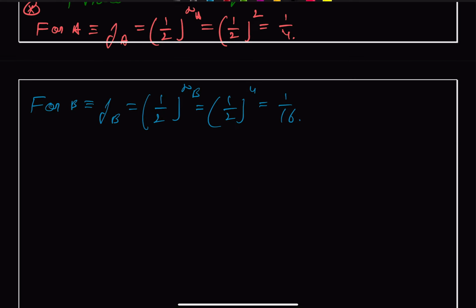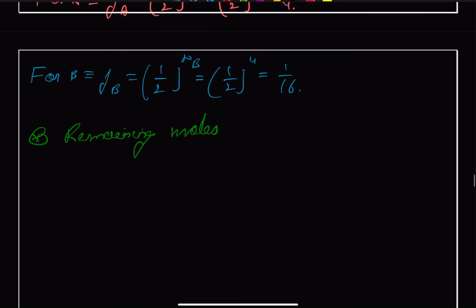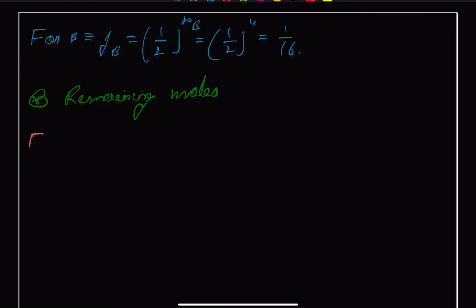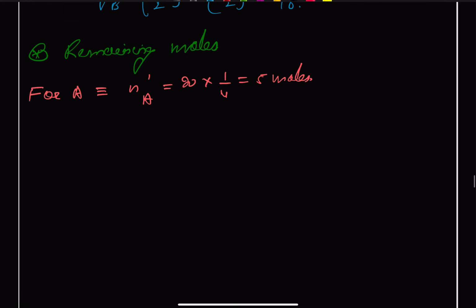So the remaining moles, and we start with A. So for A, let us call this Na prime, will be equal to 20, which was our starting, times 1 by 4, giving us 5 moles.